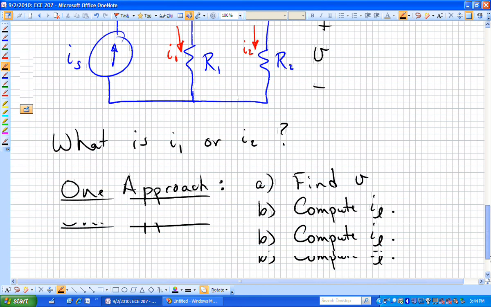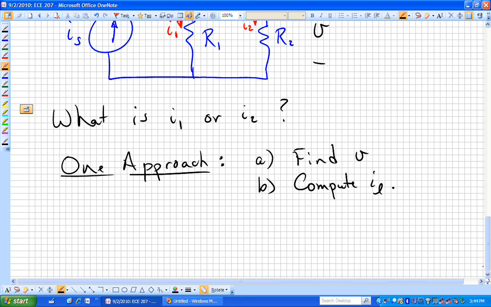Good. How do we find V? Now that I've scrolled the circuit off, half off, how do we find the voltage drop? Or what's one way? If we're trying to find V, what did we talk about last time? R equivalent, right? How do we find the equivalent resistance? If we knew how to replace R1 and R2 with their equivalent, then we could find V pretty easily, because we know the current flowing through that equivalent resistor.